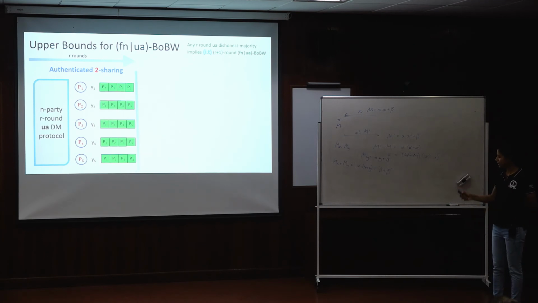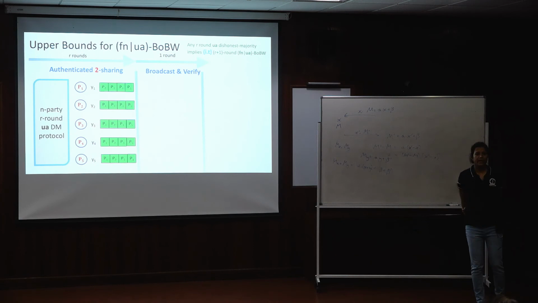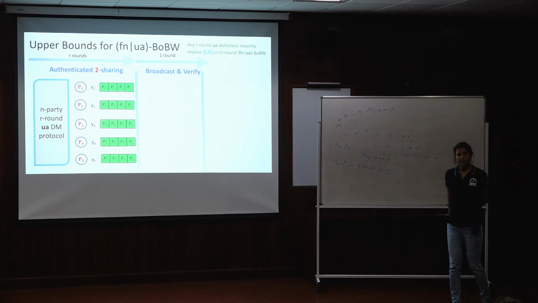Now I'm going to run another round where every party simply broadcasts. This is where I'm using broadcast. They're simply going to broadcast their respective shares and the MACs. They can keep the keys with them. So they're going to broadcast their share and the MAC publicly.